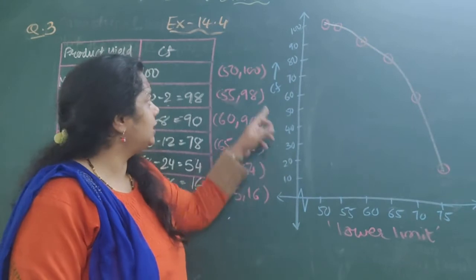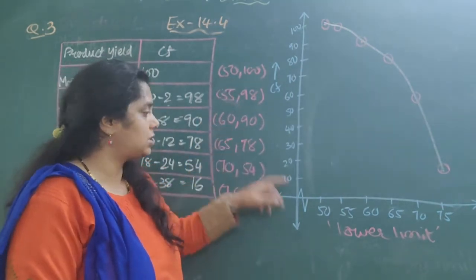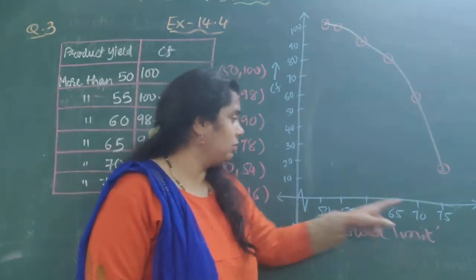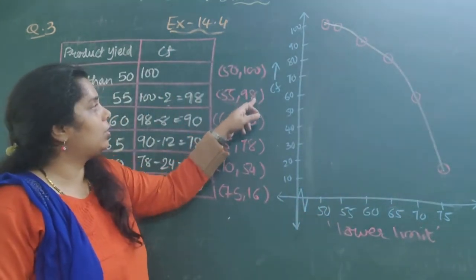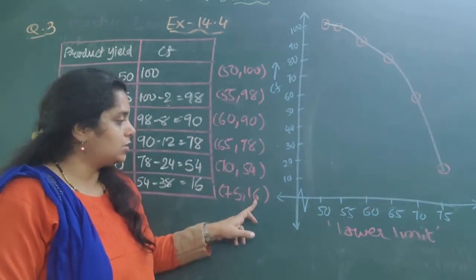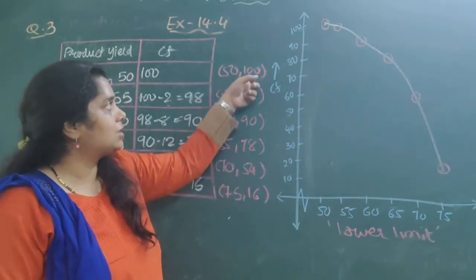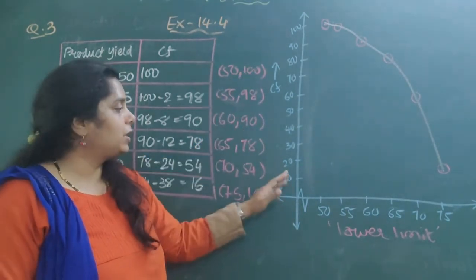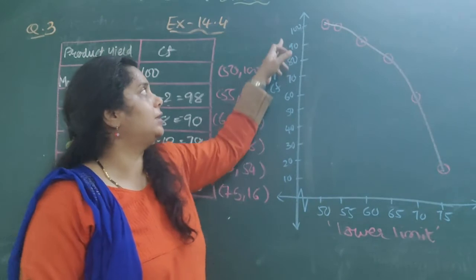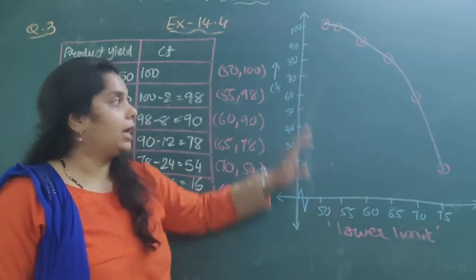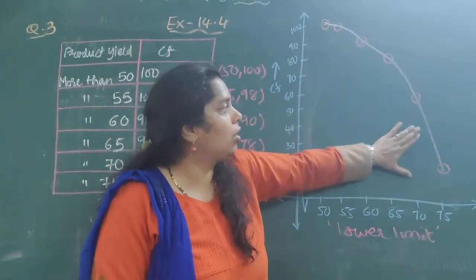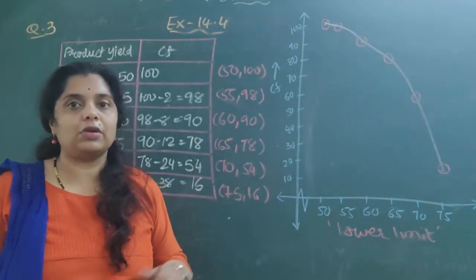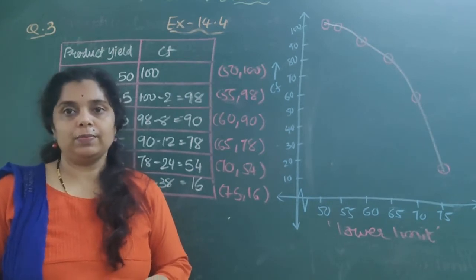As the data is 50, 55, 60, we do the zigzag and start with 50, with a gap of 5 each. For the y coordinates, 100, 98, down to 16, there is a gap, so it is better to take 10, 20, like this up to 100. As I plot, I got this type of curve. This is a more than type ogive for the given distribution table.